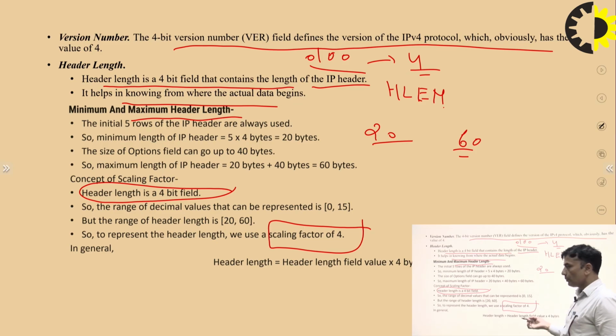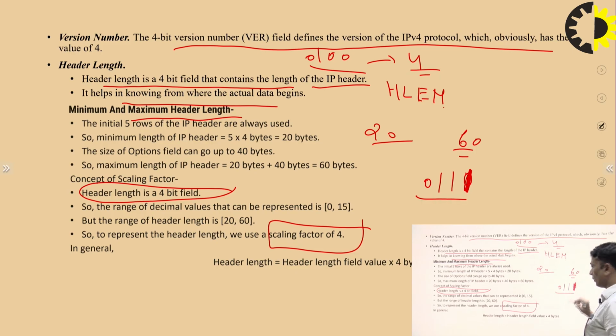So whatever information is in the header length field using 4 bits, like 0110 or 1111, that is always multiplied by 4.